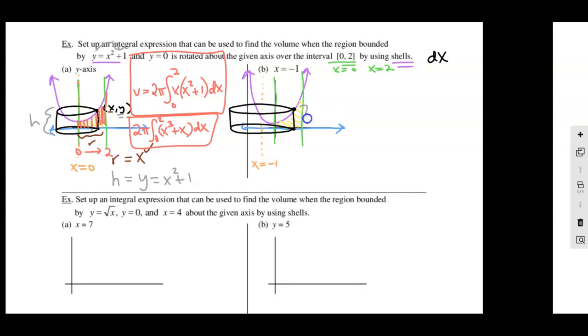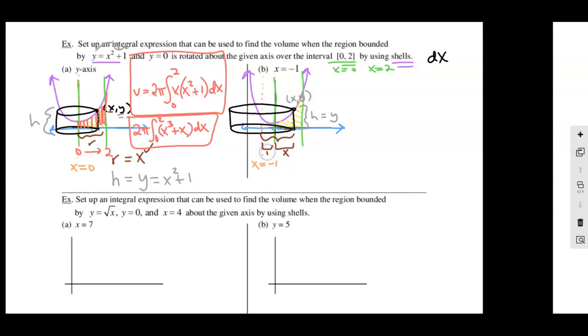Let's go think about it. The height. The height is, again, still just going to be that y value. Remember, that's an arbitrary x and a y point that's on the purple function. So that vertical distance, the height, that's just the y value. And then here, this radius, right? This horizontal distance from the y-axis over to my slice, that distance is x.